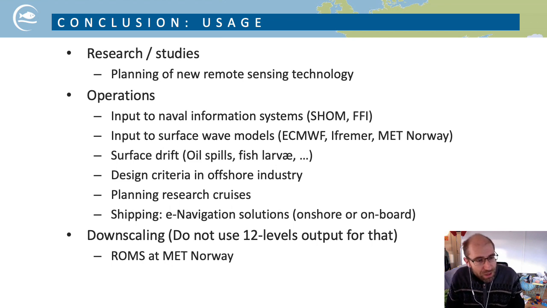And downscaling is also an important usage of the system, because the models provided here are not coastal models, so you still need downscaling to regional or coastal models to use the data for coastal applications. This is done, for example, by the ROMS model at Met Norway. But remember that we should not use the interpolated 12 levels output for that. You need a higher vertical resolution to do downscaling.